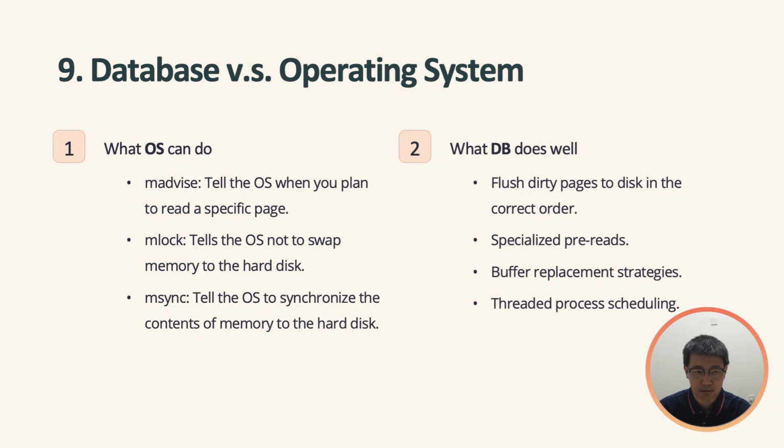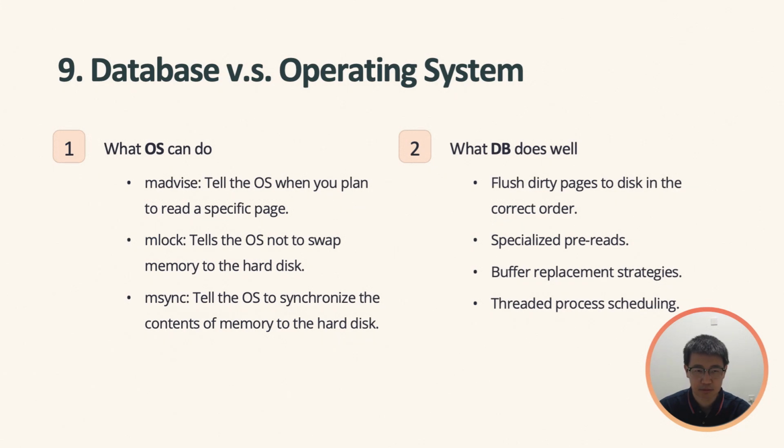What I was just talking about is what the operating system can do. For example, with madvise, I can tell the OS when I plan to read specific pages. With mlock, I can tell the operating system not to swap memory to the hard disk.